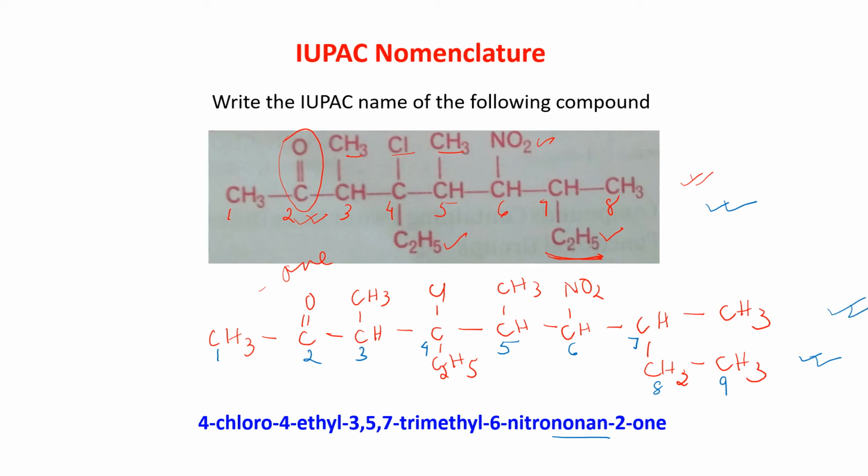Okay. Now, C double bond O, as I told you, this is the secondary suffix, and all others will come as substituents. So what are the things present? In the third position a methyl group, in the fifth position a methyl group, and in the seventh position this is also a methyl group.